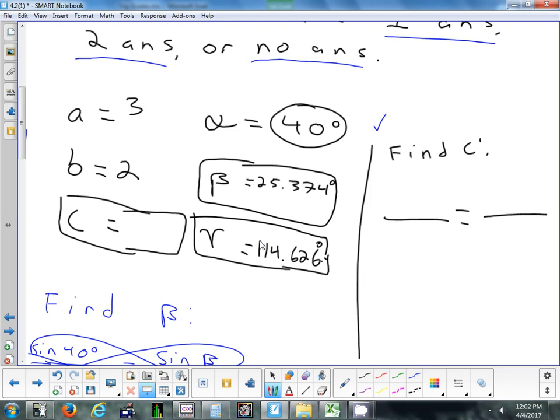I could use row A or row B. Yeah, I'm going to use row A. Sine of 40 divided by 3 equals sine of 114 divided by C. Cross multiply and solve for C just like we did in the first two problems. Are you going to need inverse sine again? No, you only need inverse sine if the letter is next to sine. This time the letter is in the bottom, just like the first two examples. And then just solve that.